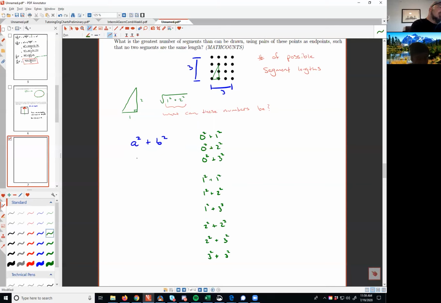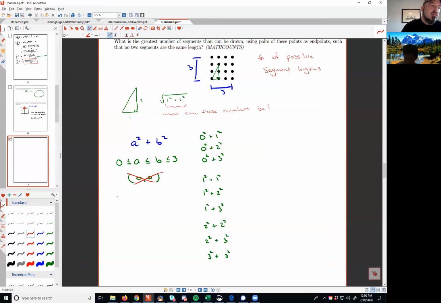So I might say something like, let's let A be less than or equal to B, and A is at least 0. Oh, 0, 1, 2, 3. But we have to exclude 0, 0. 0, 0 is just the dot.